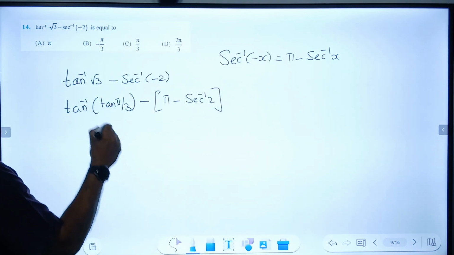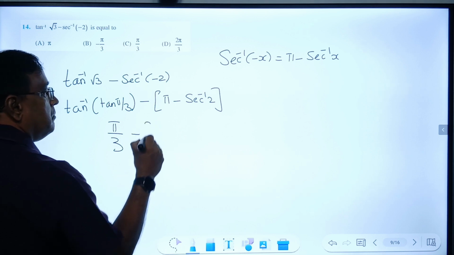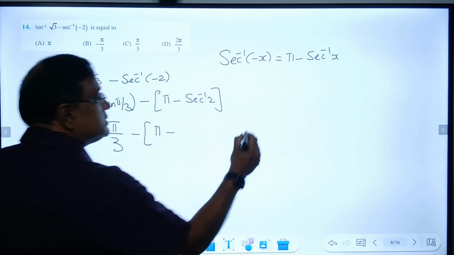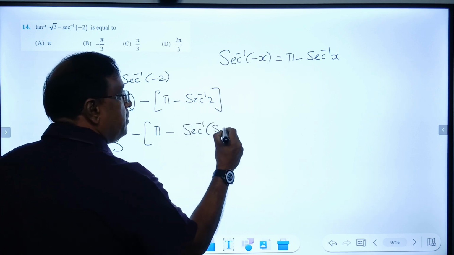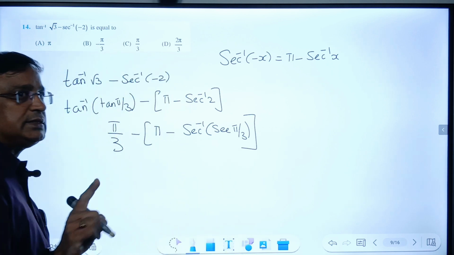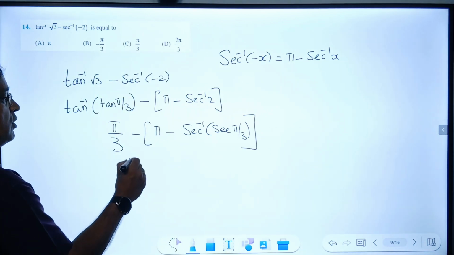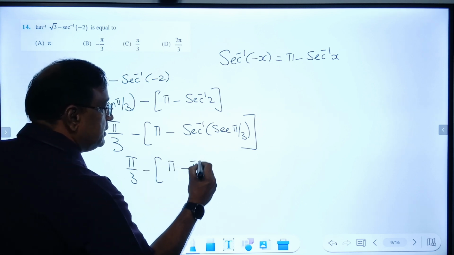So tan inverse of tan pi by 3 is pi by 3 minus pi minus secant inverse of what is 2? Secant pi by 3. Secant pi by 3 is 2 because secant 60 is 2. So you have got pi by 3 minus pi by 3.